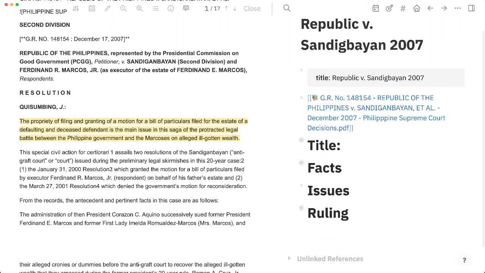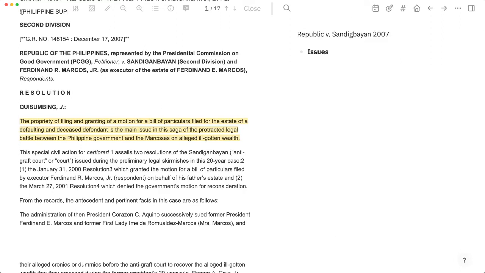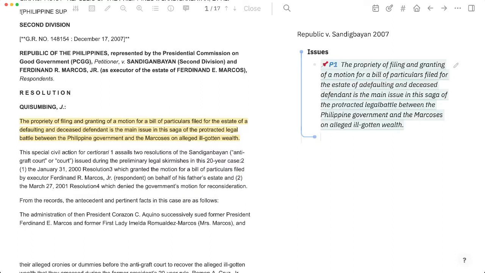Let's go to issues. Ibig sabihin, let's just copy the reference here, paste here. The propriety of filing and granting of a motion for a bill of particulars filed for the estate of a defaulting and deceased defendant is the main issue in the saga of protracted legal battle between the Philippine government and the Marcoses and alleged ill-gotten wealth.